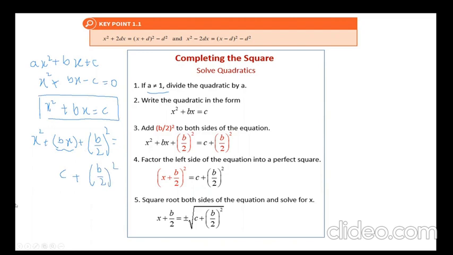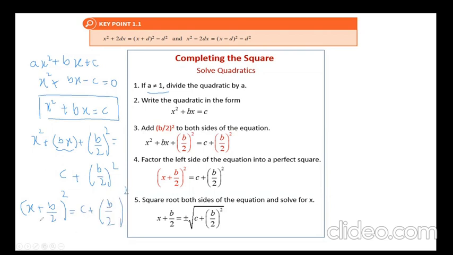Okay, now this is the completing square formula. x plus b by 2 whole square equals c plus b by 2 whole square.